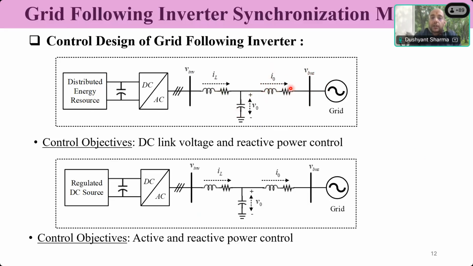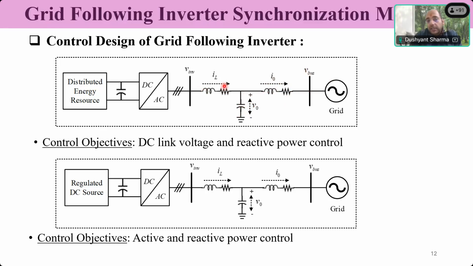So if we neglect the drop in this second inductor, then the output voltage of the inverter can be treated as the voltage across the capacitor, VO. So VO becomes the same as V bus. We can assume that this drop is negligible. If this drop is negligible, VO can be treated as the same as V bus.